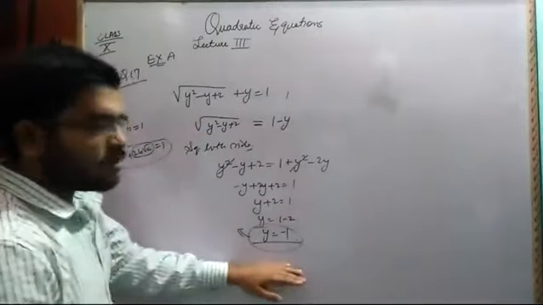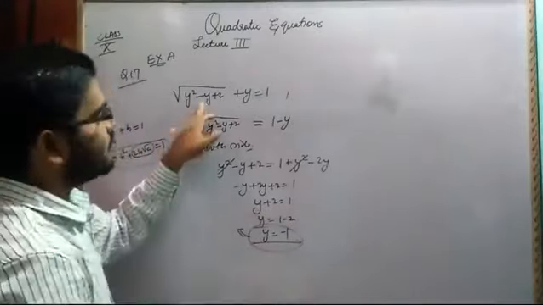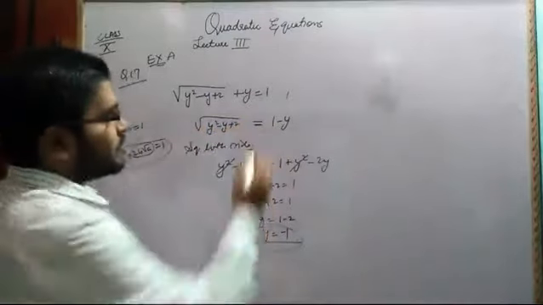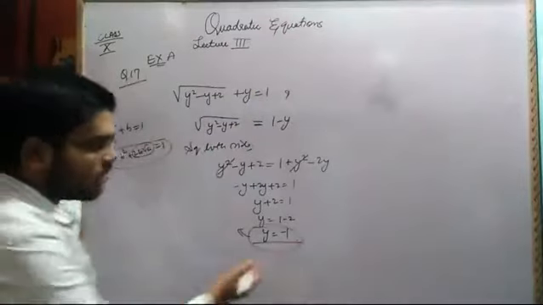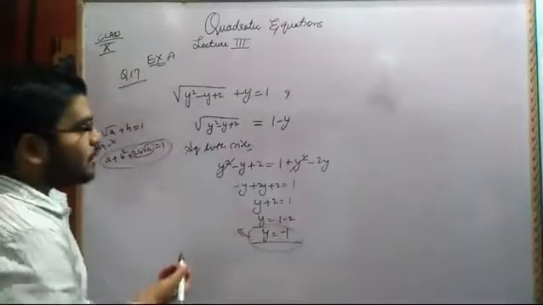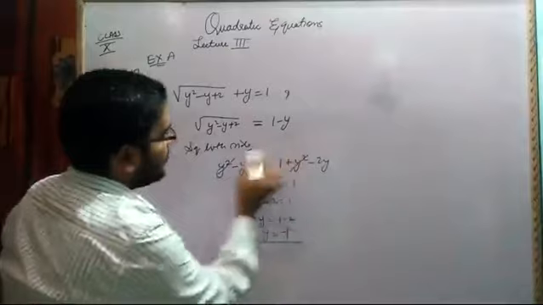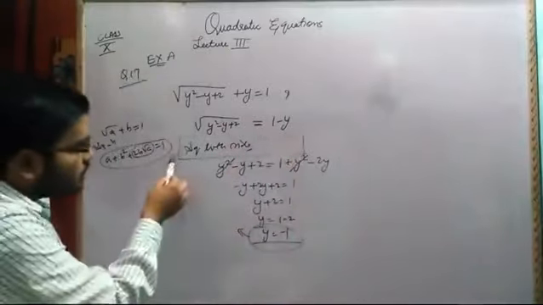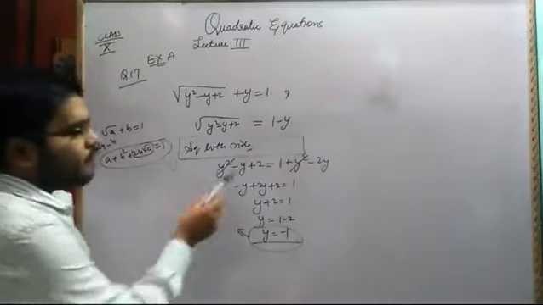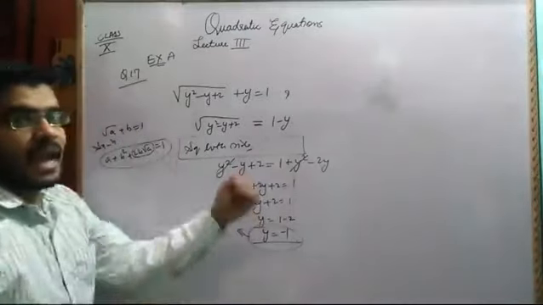Right now here we are having y is equal to minus 1, so if we substitute, we will get the value. Now it is a quadratic equation, but it is a modified quadratic equation. Why are we getting only one solution? Because we have done the squaring of both sides. Due to this squaring, one of our values is getting cancelled here.